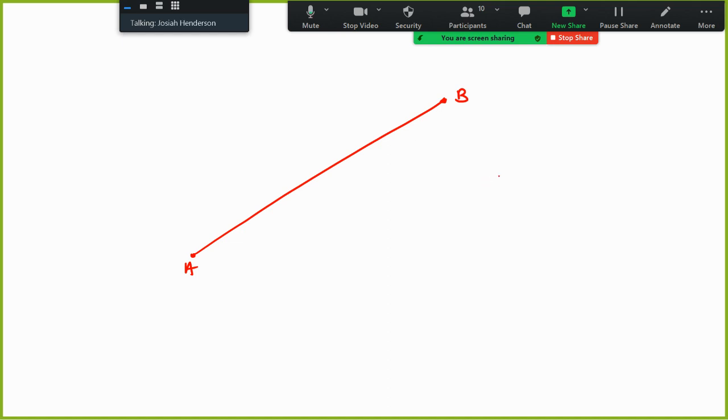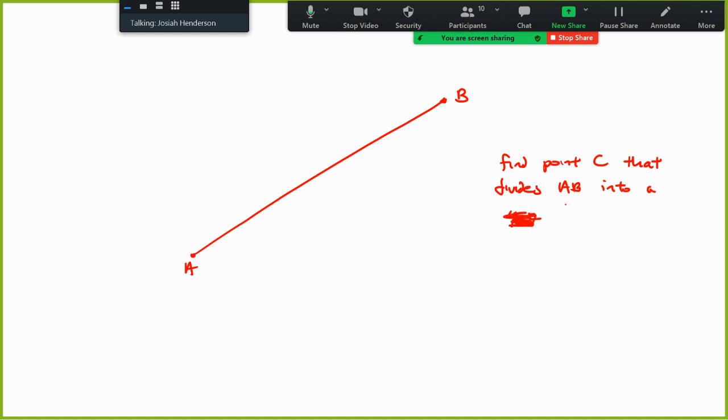So if we're supposed to find a certain ratio of this line segment AB, like find the point C that cuts AB or divides AB into a 4... Oh, that's a weird one.